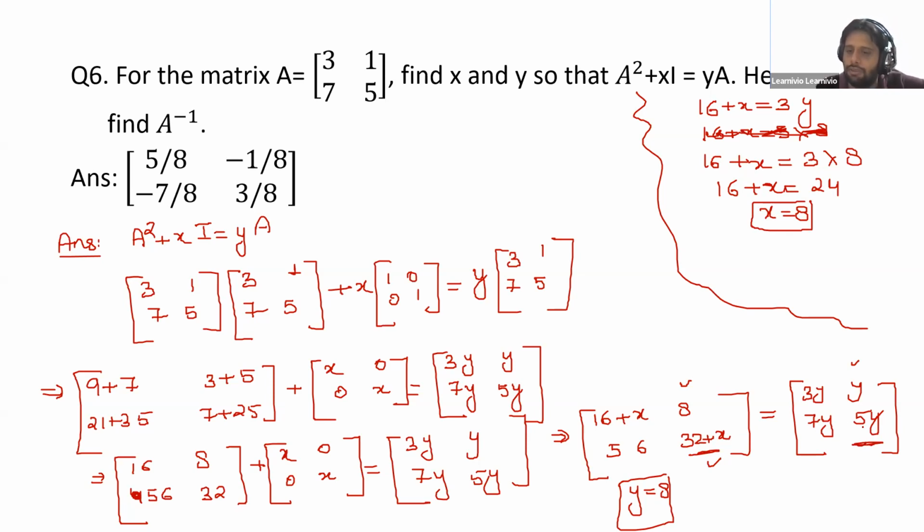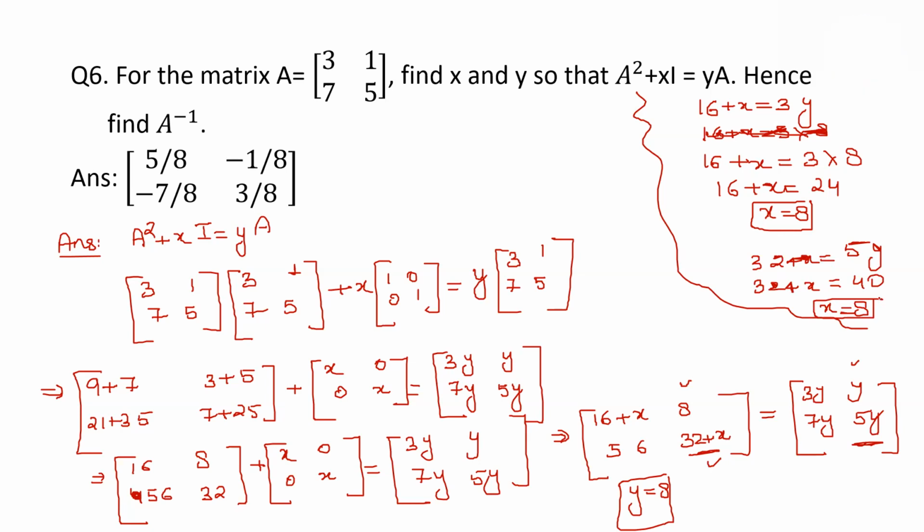This is 40, this is 40. 32 plus x is equal to 5y. Put the value of y: 32 plus x is equal to 8 into 5, which is 40. So x is equal to 8. Is this clear, Abdul? Yes. So we are getting only a single solution: x is 8 and y is 8.